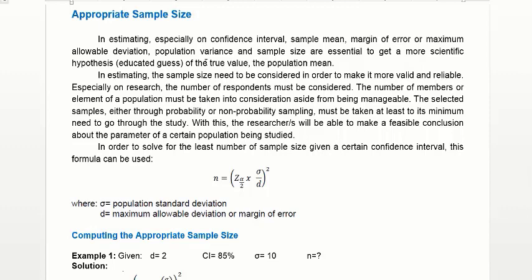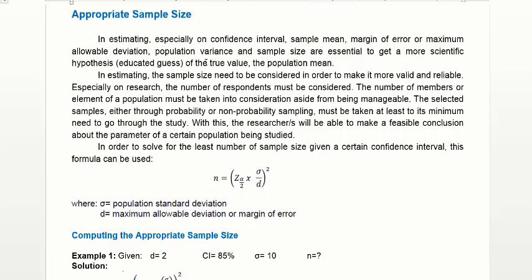Especially in estimating confidence interval, sample mean, margin of error or maximum allowable deviation, population variance, and sample size are essential to get a more scientific hypothesis of the true value, or that is the population mean.